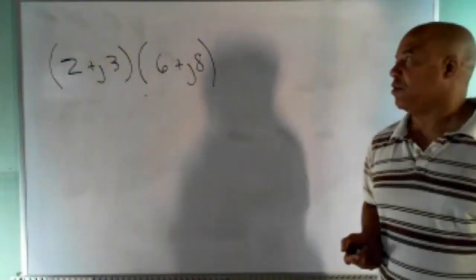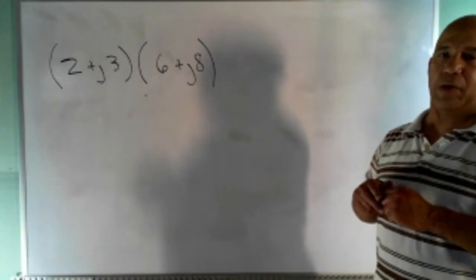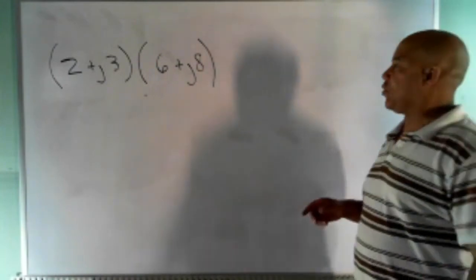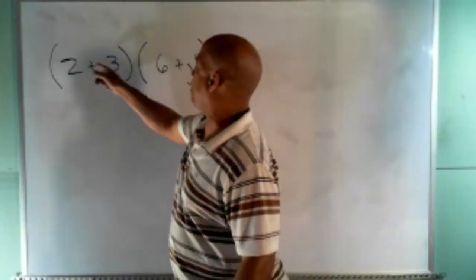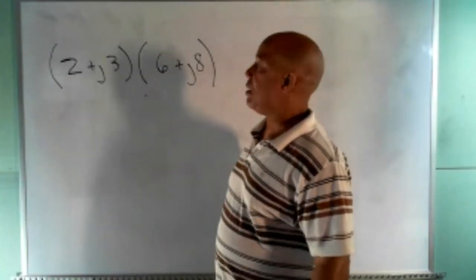So how would you do that? Well, you can use your FOIL method. Remember that FOIL thing you learned in algebra? I don't use FOIL. I just make sure every term over here is multiplied by every term over there. So you go ahead and do that.